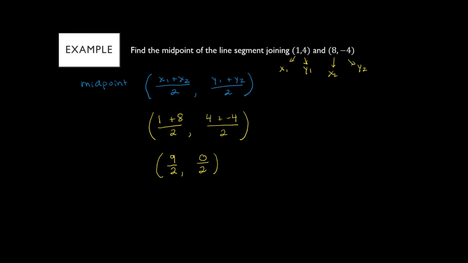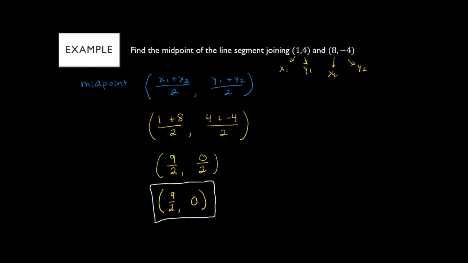And then we want to simplify further. Generally, we leave it as improper fractions, but we reduce. So 9 over 2, we're just going to leave as 9 over 2. But 0 over 2 is 0. 0 divided by anything is 0. So this is going to be (9/2, 0), and that's how we write the midpoint.